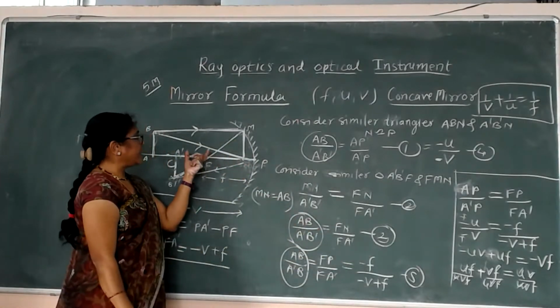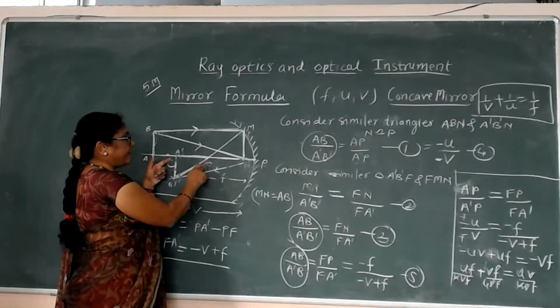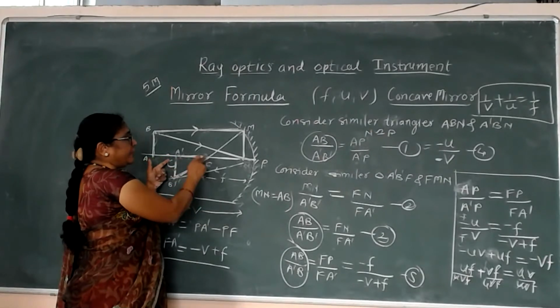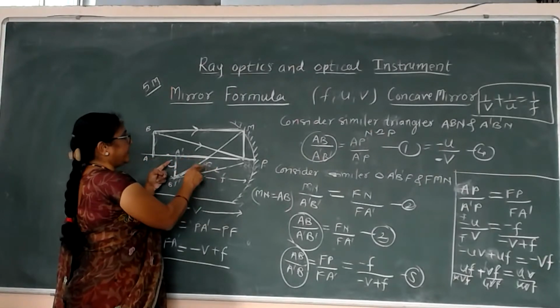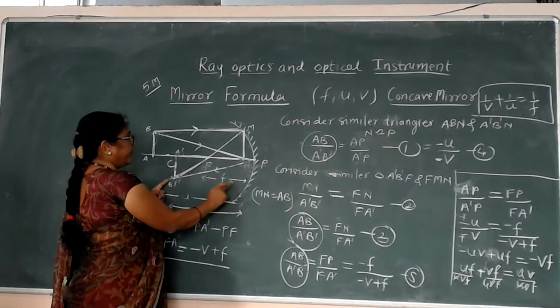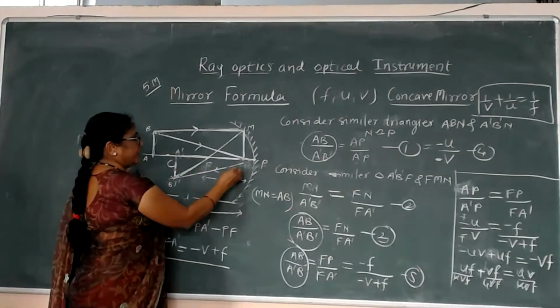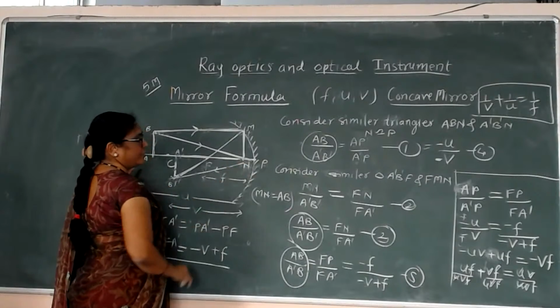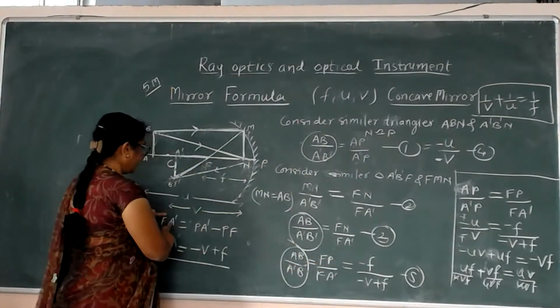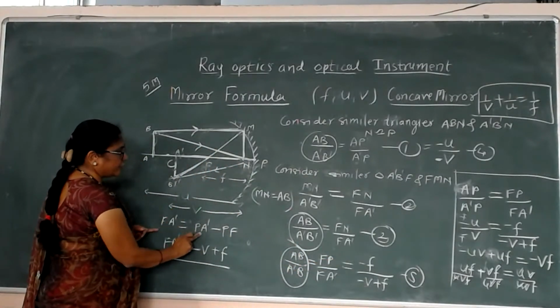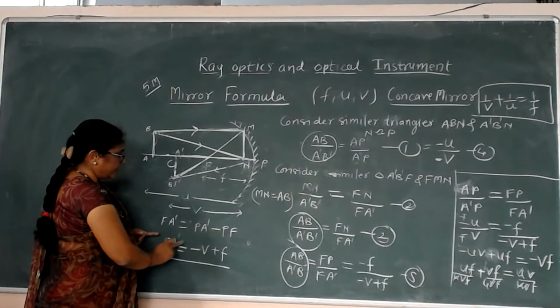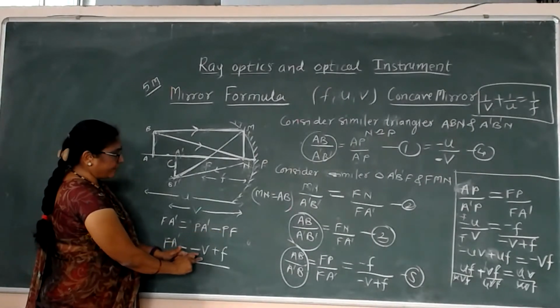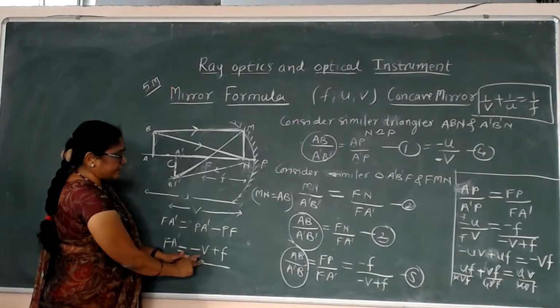And again the second part is FA dash. FA dash is equal to PA dash minus PF. That is, FA dash is equal to PA dash minus PA. Therefore PA dash is equal to minus V, applying the Cartesian sign.